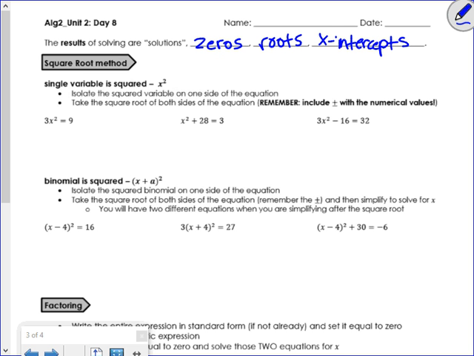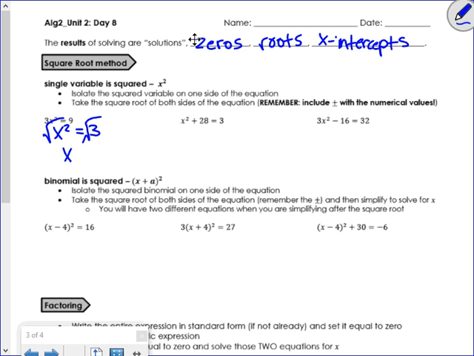So what would I do for this first example? Divide by 3. Is the x squared by itself now? Yes, that was the whole point of getting rid of the 3, that we needed x squared by itself. Once x squared is by itself, how do you get rid of the square so we just have x? Square root. I'm going to take the square root of both sides.